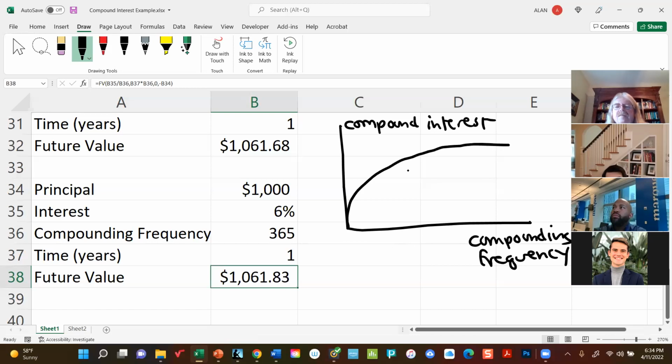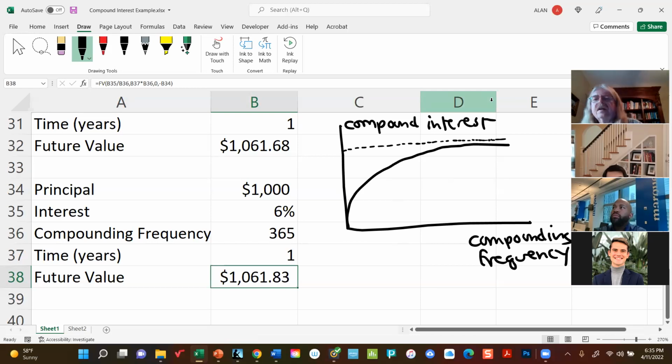So in other words, it goes up very quickly when you jump from, let's say, annual to semi-annual compounding, and then to quarterly, et cetera. But then it flattens out, and there's a limit to how far we can push this. So it's reaching towards this limiting value, which you'll never quite reach.